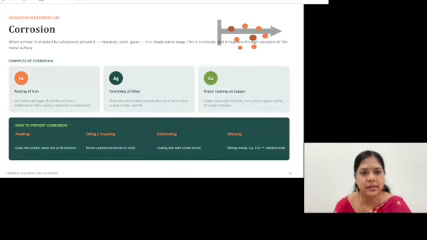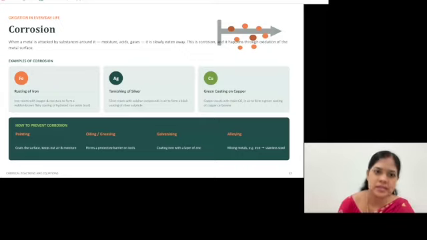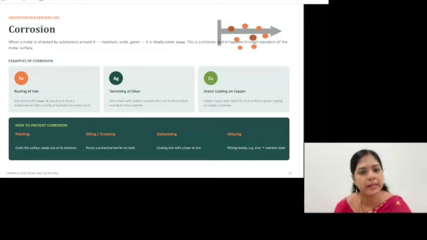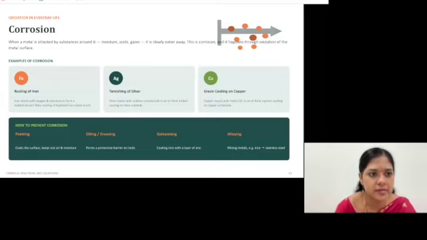So what is corrosion? When a metal surface is slowly eaten away by moisture, acids or gases in the air, then this is corrosion, and it happens through the oxidation of the metal surface.